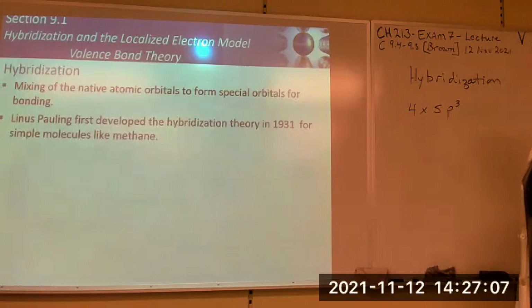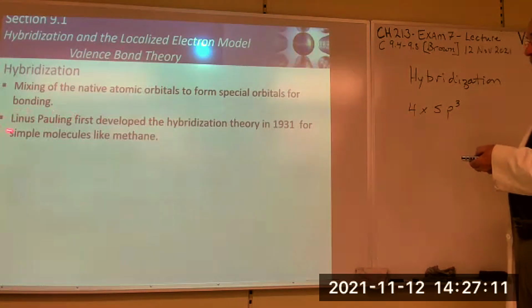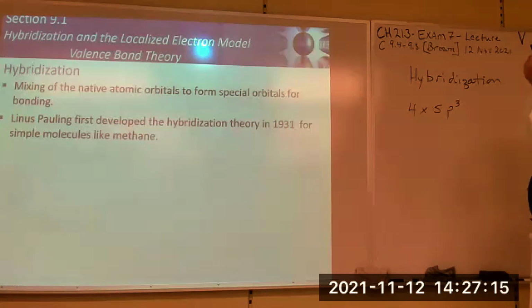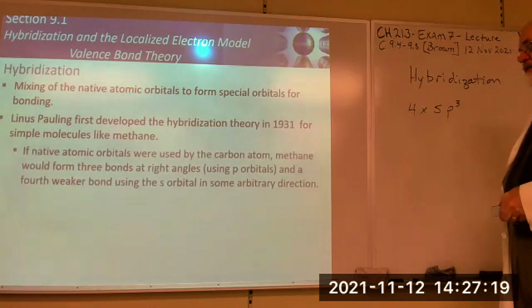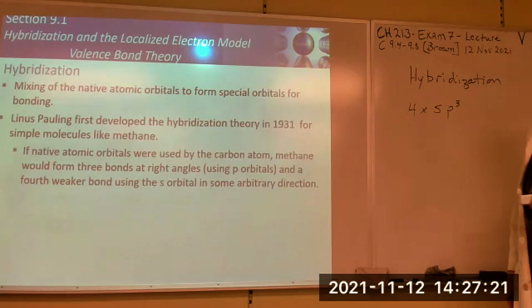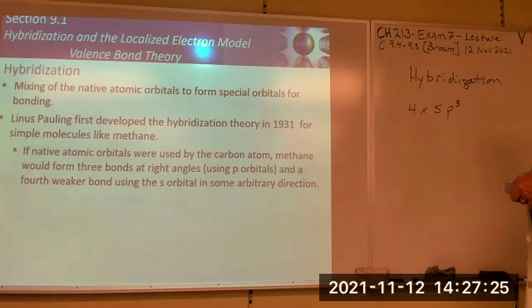So we hybridize the orbitals, and this modification was proposed by Linus Pauling in 1931. And he says it works for simple molecules. So that's where we started. We just hybridized the orbitals.